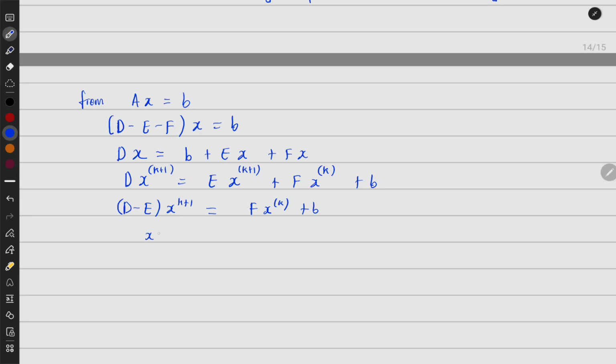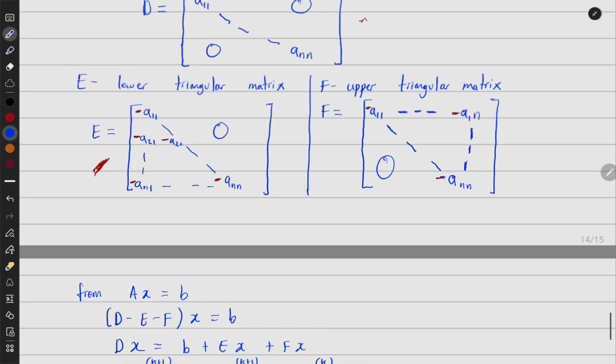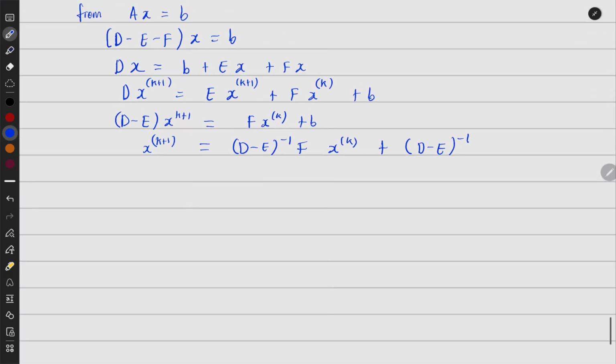Therefore x^(k+1) equals (D minus E) inverse F x^k plus (D minus E) inverse b. You have to respect the multiplication order.